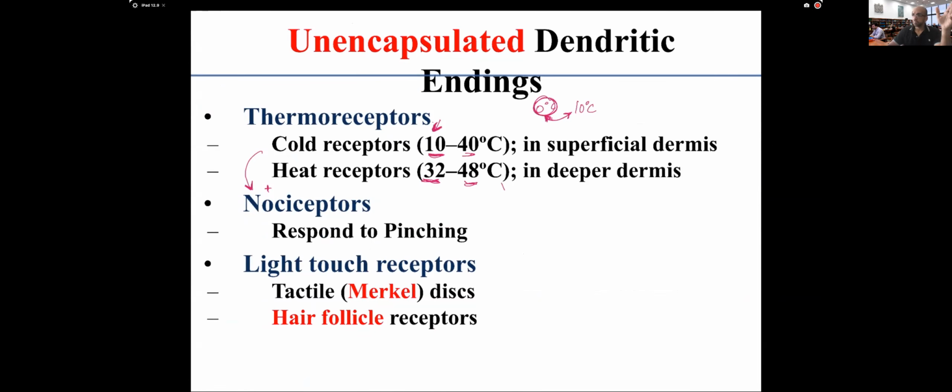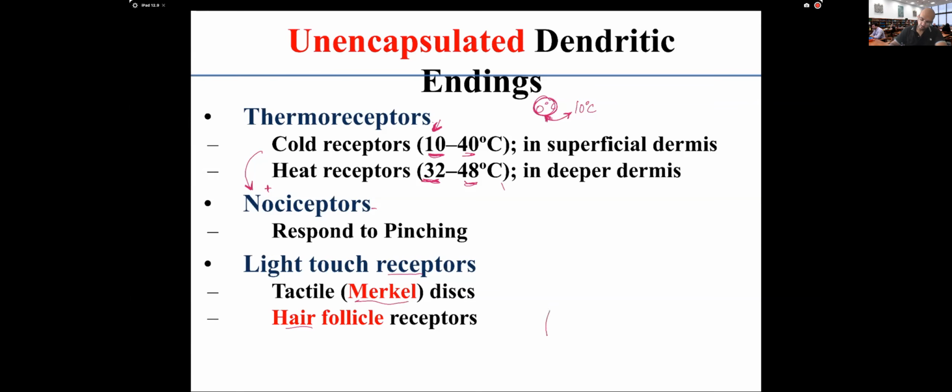All right, so another type of unencapsulated dendritic endings, those are the nociceptors, which respond to pain-causing sensations. Those are the ones that will be sending pain sensation to your brain. Light touch receptors, those are like the Merkel discs and the hair follicle receptors, and those are located, as you remember, in the skin.